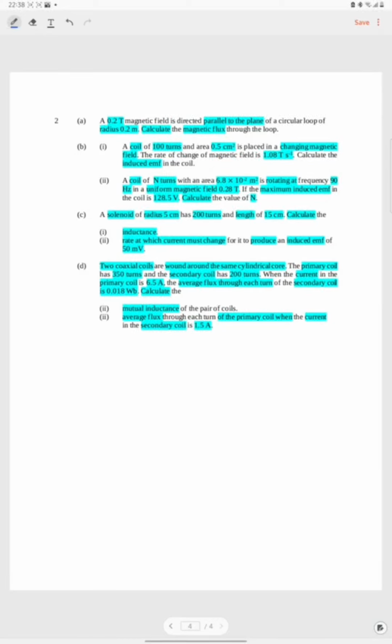So here's all the points that I have highlighted for this question. Let us start with 2A first. For 2A, the question gives us B, the magnitude of magnetic field, which is 0.2 Tesla.